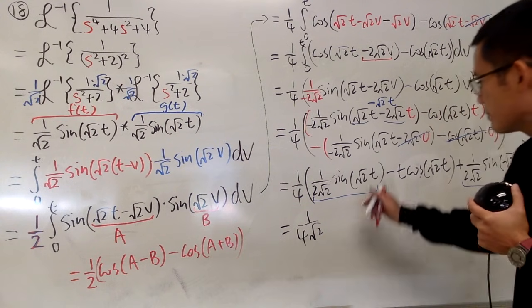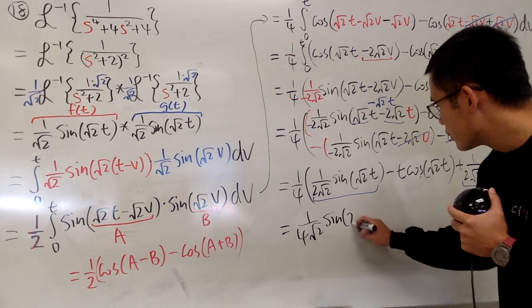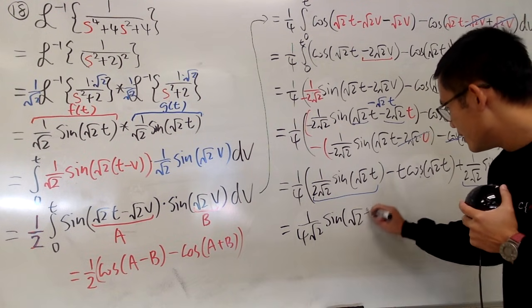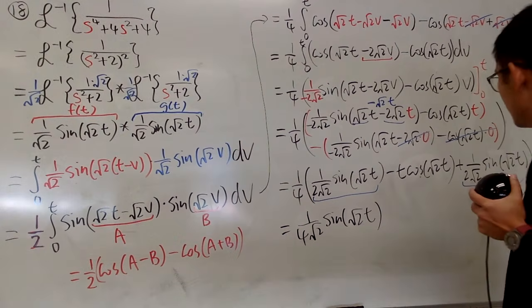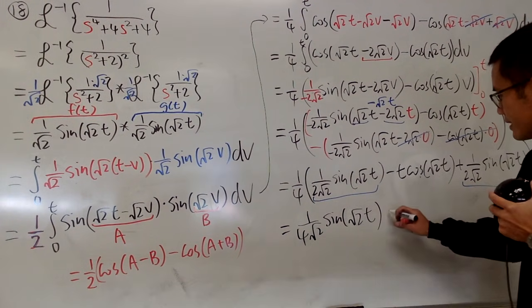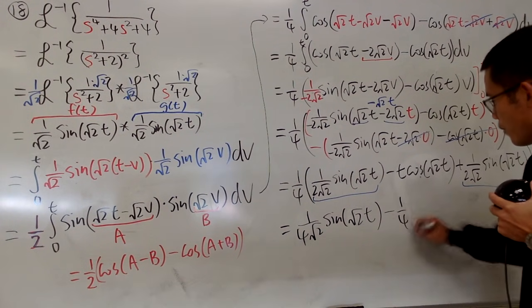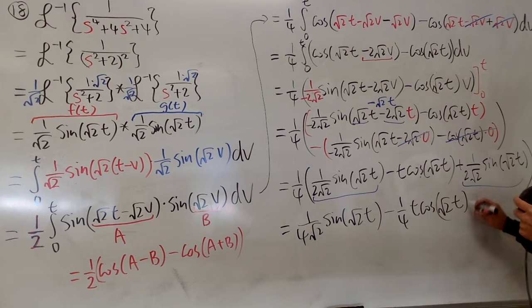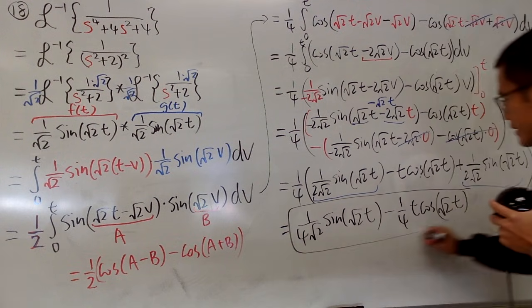And then this part, sine of square root of 2t. Who wants to do the convolution? Anyway, and then this is minus 1 over 4 t cosine square root of 2t, like this. And then we are done.